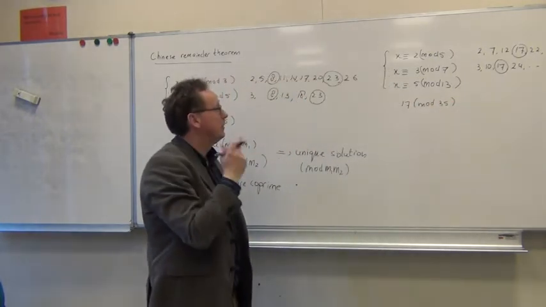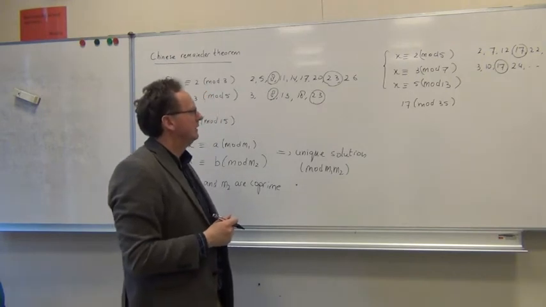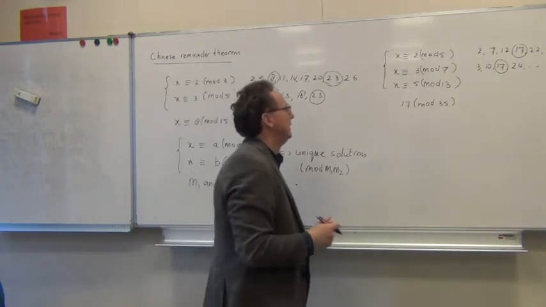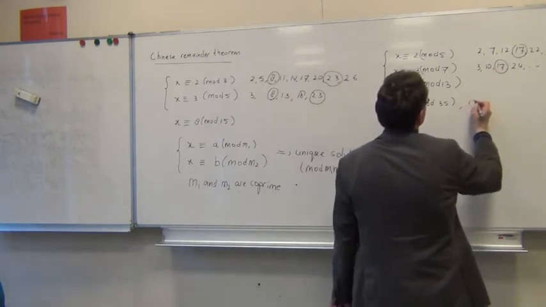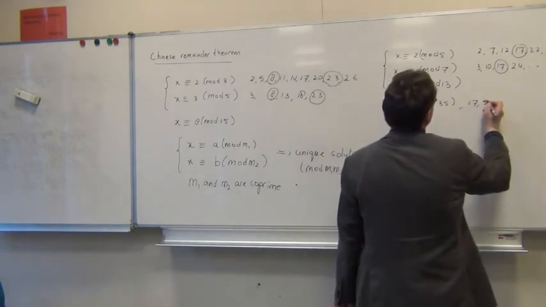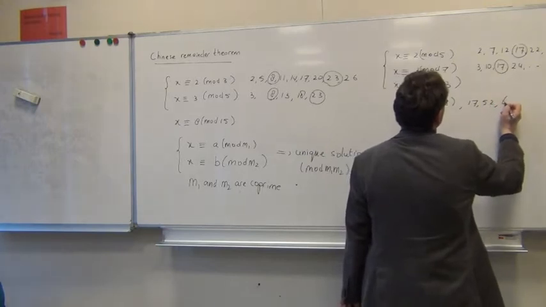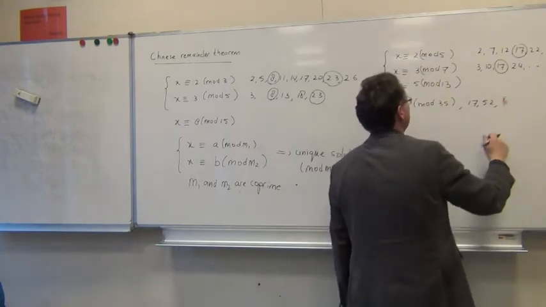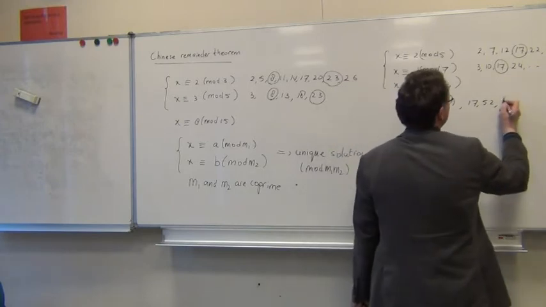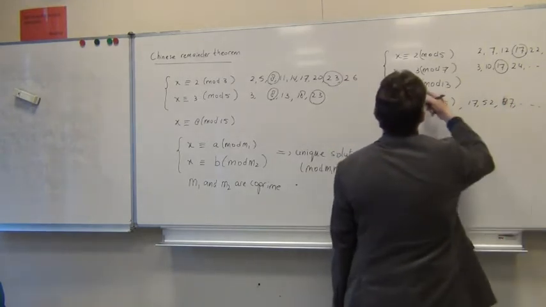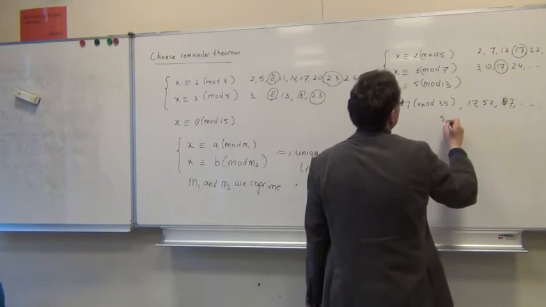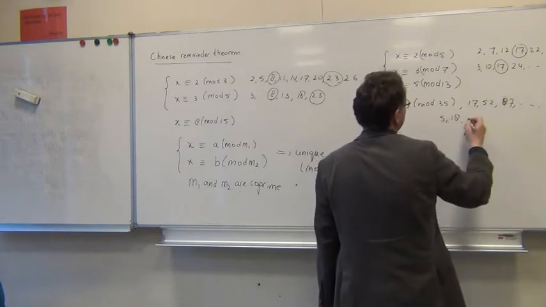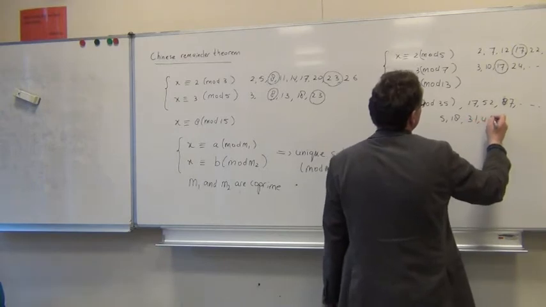And then we combine it with the third one, and that's a bit more work. So these solutions would involve 17, 52, and 87, adding 35 each time, etc. And for the third one, it will involve 5, 18, and then adding 13 all the time.